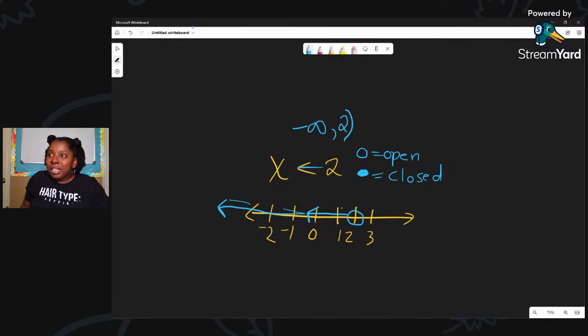So we don't really include that, but we just say it's going on. So it's starting somewhere really, really far down the line in the negative direction, and we end at 2. So these parentheses are like an open circle, right? It just means the 2 and that negative infinity is not included, but it's all the numbers in between that.